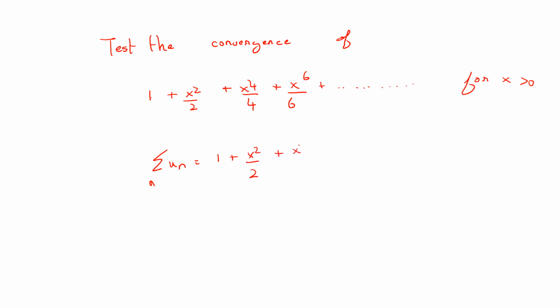So we write the nth term, which goes up to x to the power 2n. Let me write the nth term here. un, the nth term, is nothing but x to the power 2n divided by 2 to the power n.